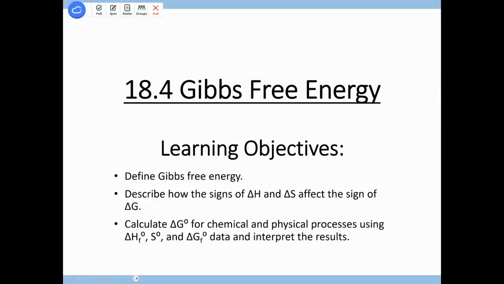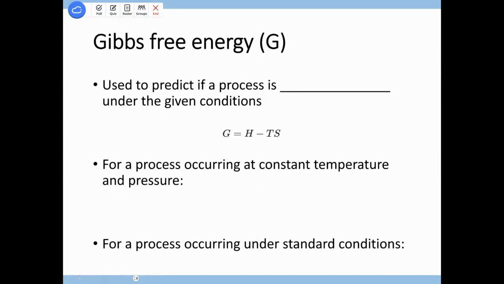Chapter 18, we'll start talking about Gibbs free energy. This combines enthalpy and entropy and temperature into one equation, and Gibbs free energy is used to predict if a process, a system, a reaction or a phase change is spontaneous under the given conditions.